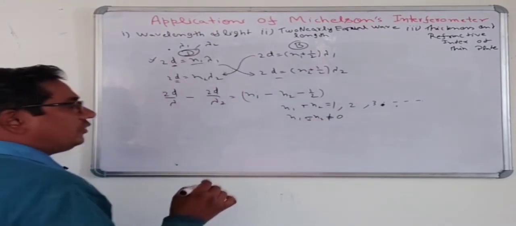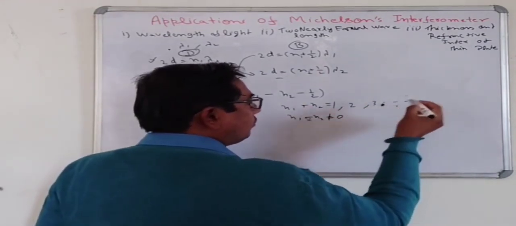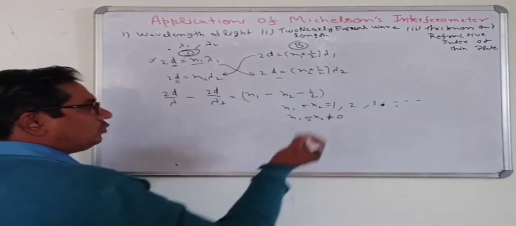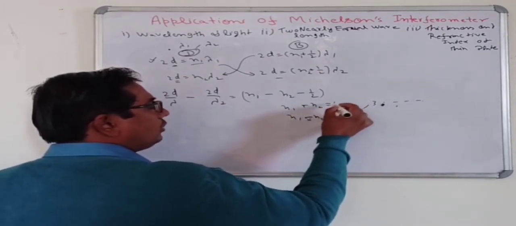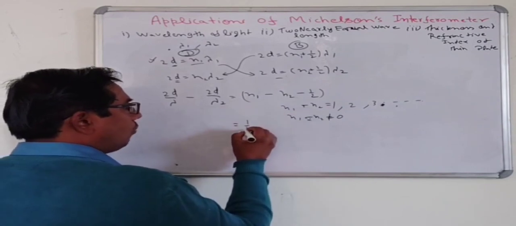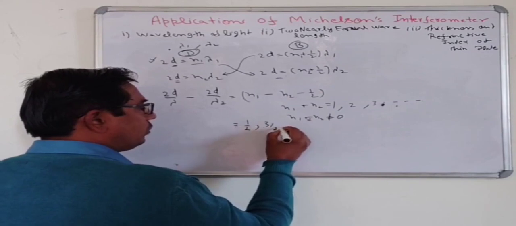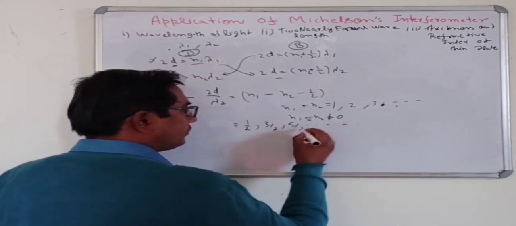It means that we start from minimum values of 1, 2, 3 like that. Suppose we consider the value of n1 minus n2 as 1, then we change to the next values, 3 by 2 and 5 by 2, and so on.